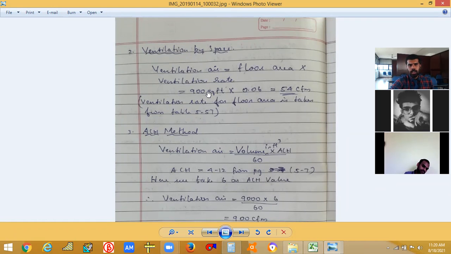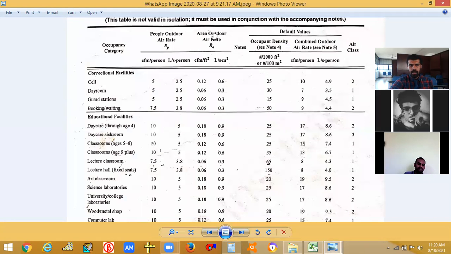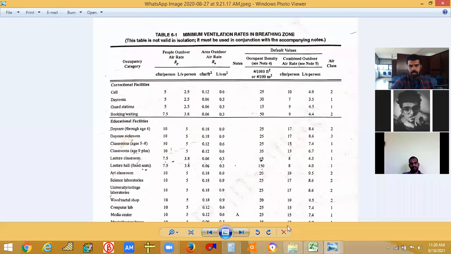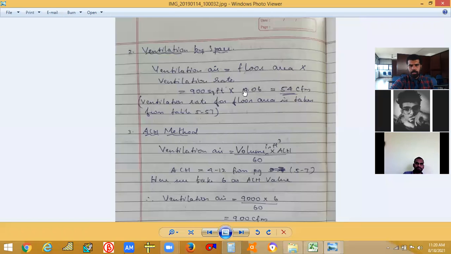So floor area, we know, is 900 square feet, and ventilation rate by space is equal to 0.06. The same tabular column, ventilation by area. Lecture classroom is 0.06. So multiply with 0.06, you will get the value.